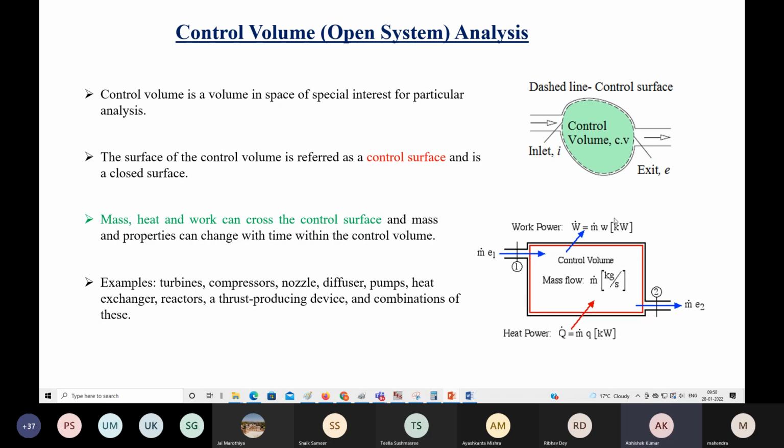In the turbine, what is happening? Any turbine: if it is a steam turbine, superheated steam is coming from the boiler, expanding in the turbine blades, and because of that you are getting work.